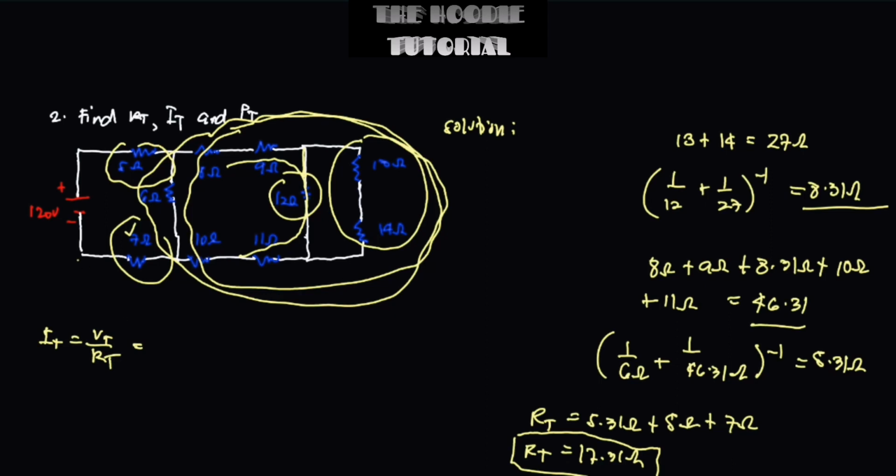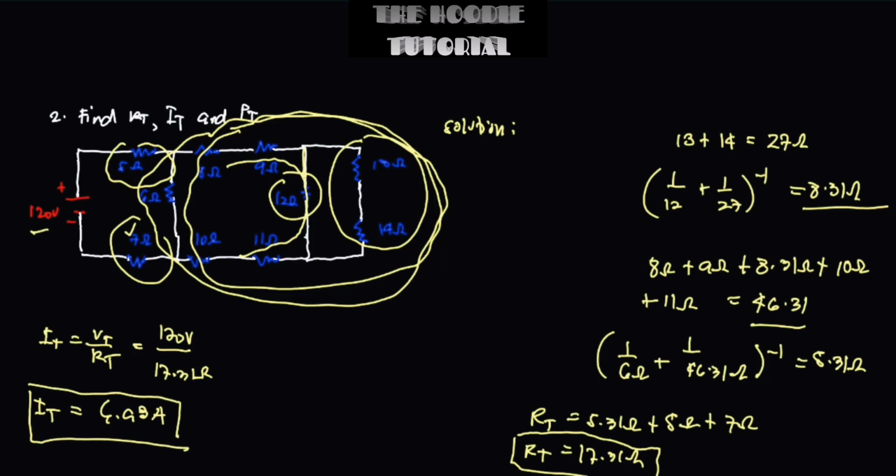Our VT is 120 volts divided by our RT, 17.31 ohms. So therefore our IT is equal to 6.93 amperes. So this would be our total current.